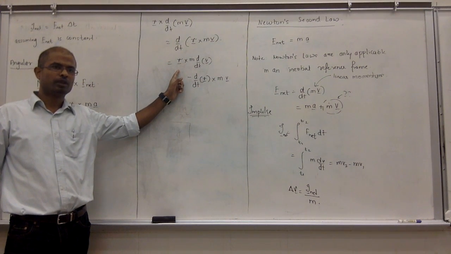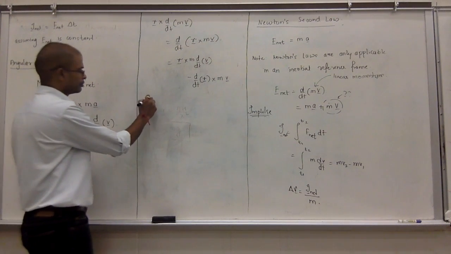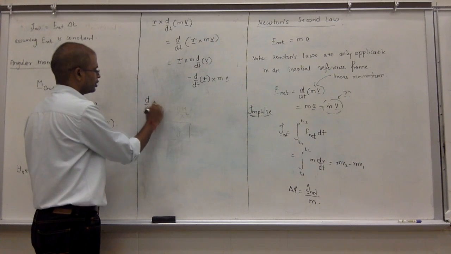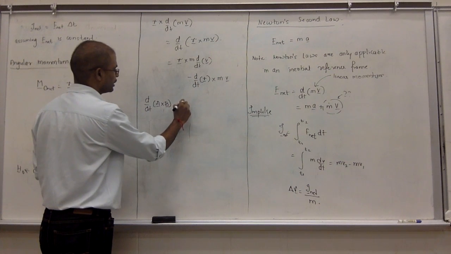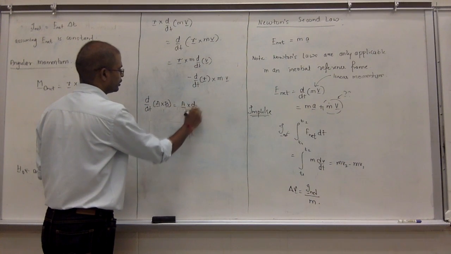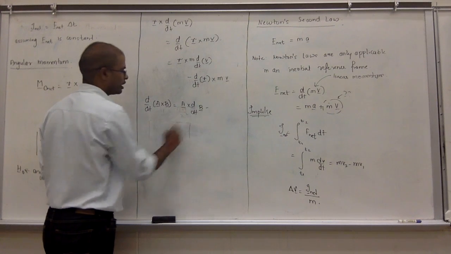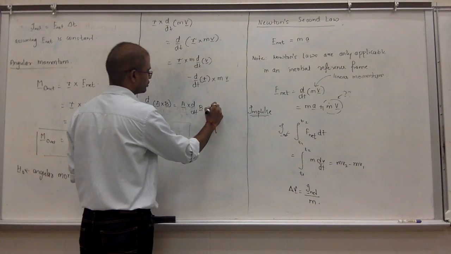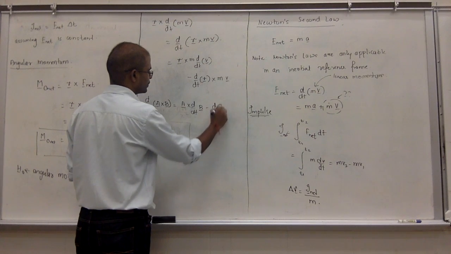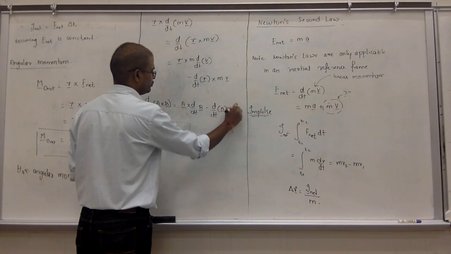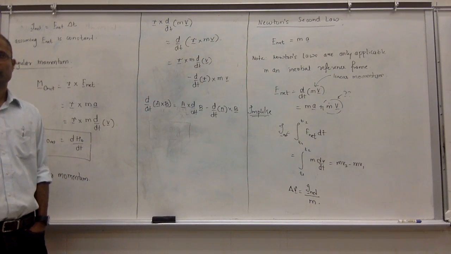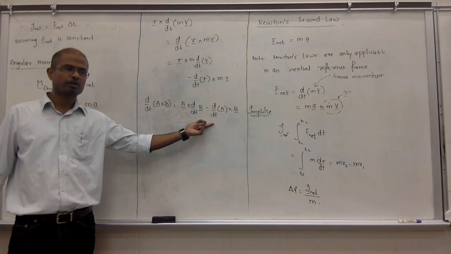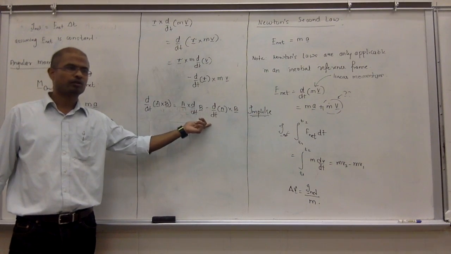So when you take the derivative of a cross product, the derivative of A cross B is always A crossed with the derivative of B, minus the derivative of A crossed with B. If it is a dot product or a product rule, you generally do a plus.